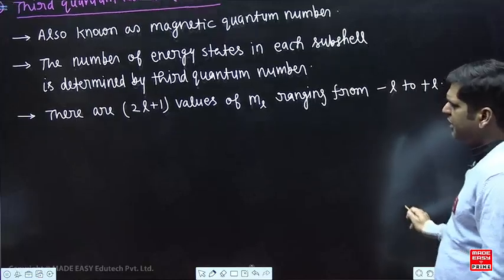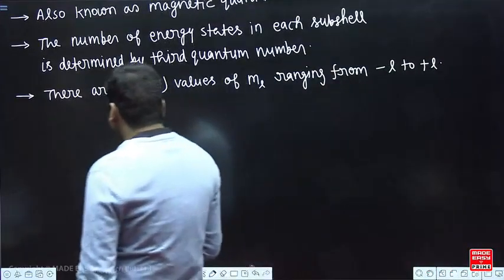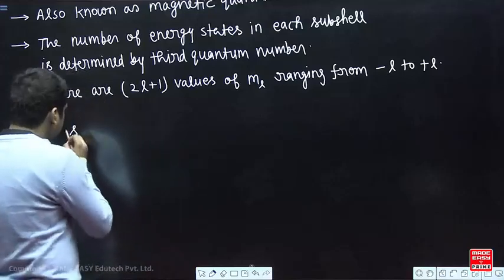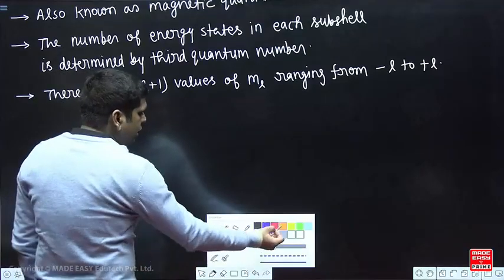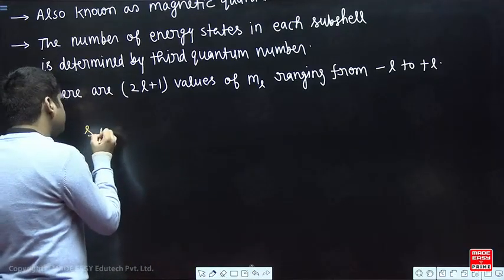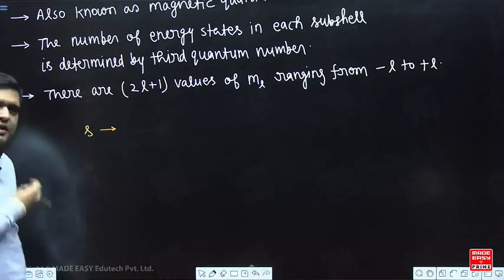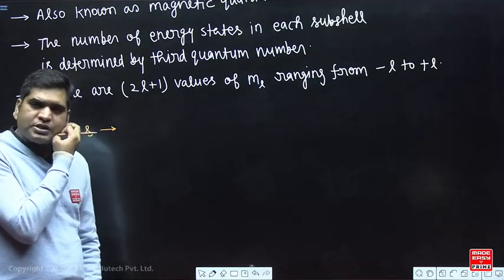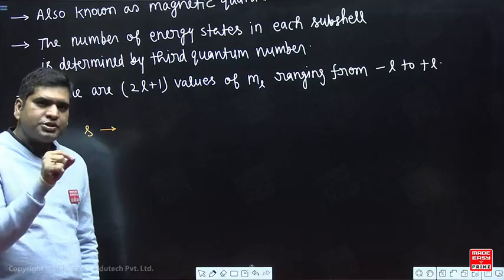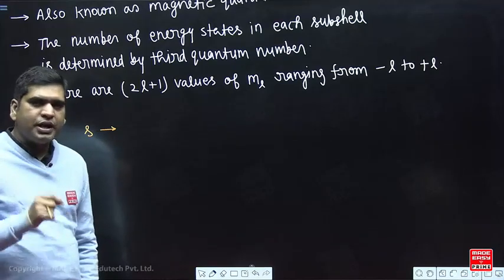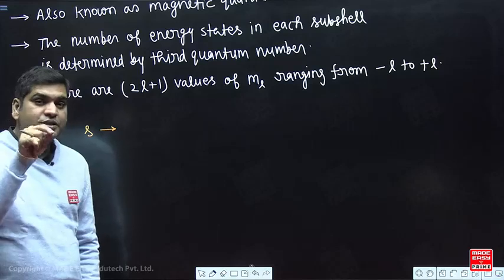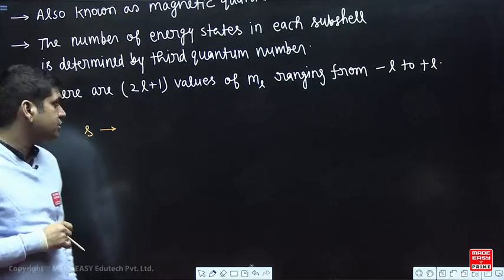What does it mean? Let us suppose you are talking about S subcell and you want to know how many energy states are in S subcell. Energy states are basically those positions where the electron can be found, because energy state means the state which has some energy, and the energy will not be of the state, it will be of the particle. So basically it is the position where the particle would be found.